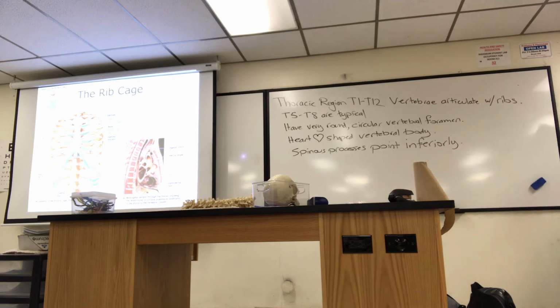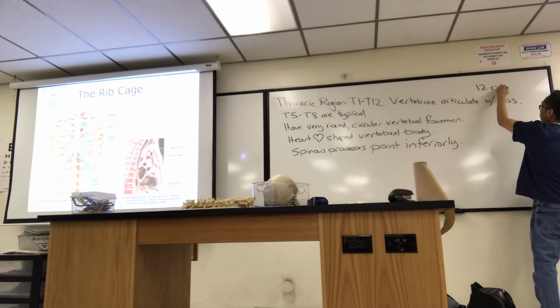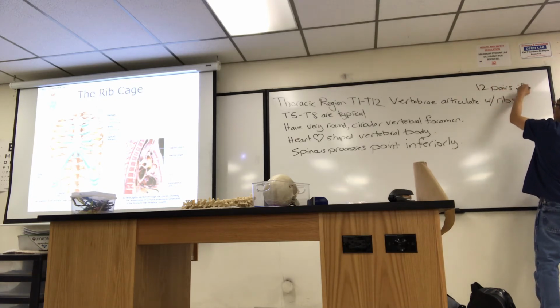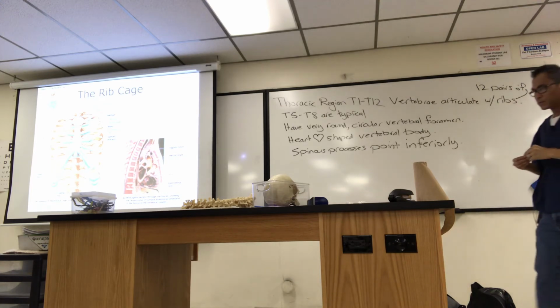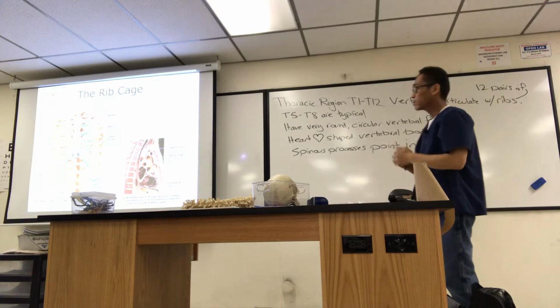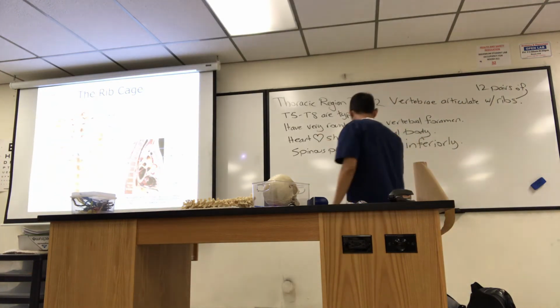If you have 12 thoracic vertebrae, can you guess how many pairs of ribs you have? 12. Articulate with 12 pairs of ribs. So rib 1 articulates with T1, so forth and so on. So what you see here are the different ribs.